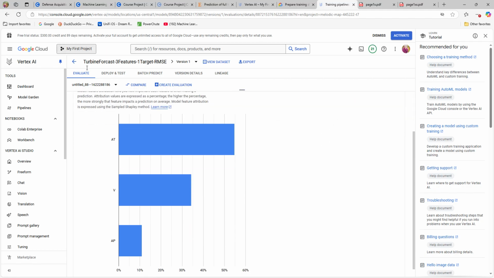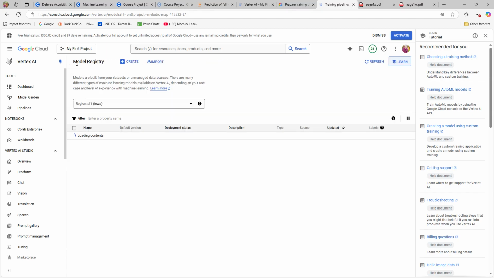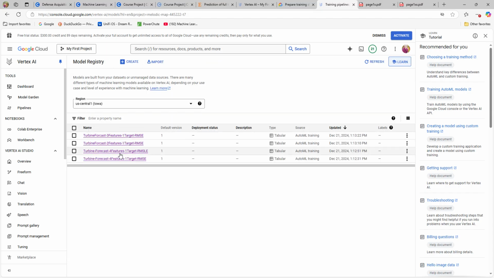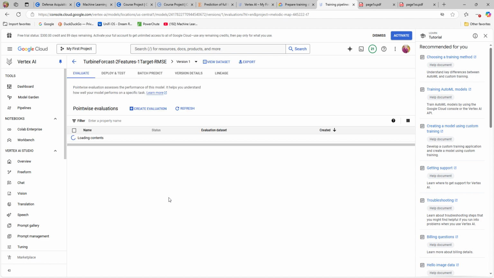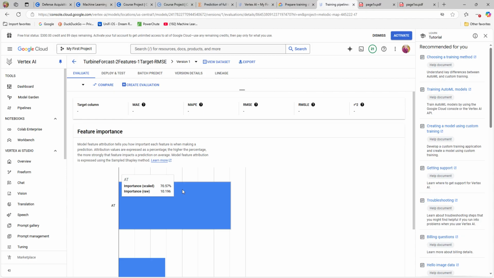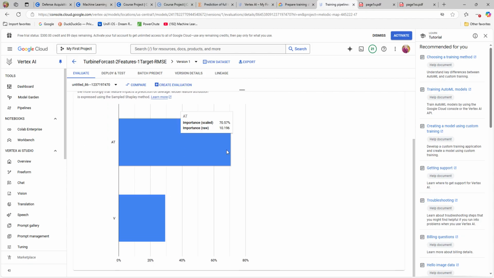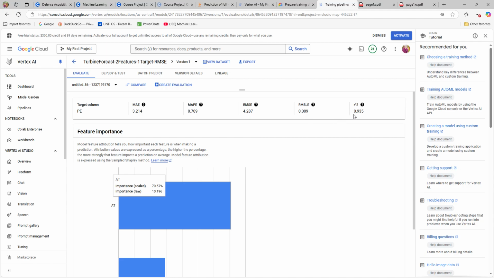I found that interesting. And then I ran 2 features, and obviously you've got bigger numbers for temperature and vacuum, but the overall R squared dropped, and MAE rose a little bit. So that was interesting.